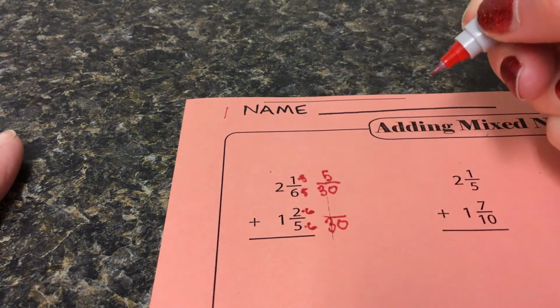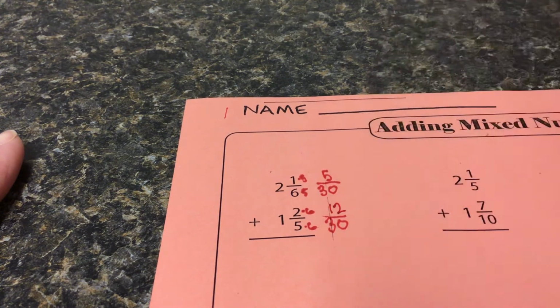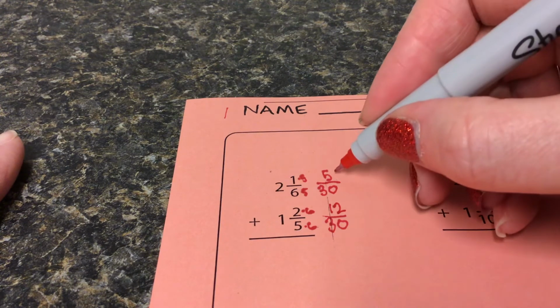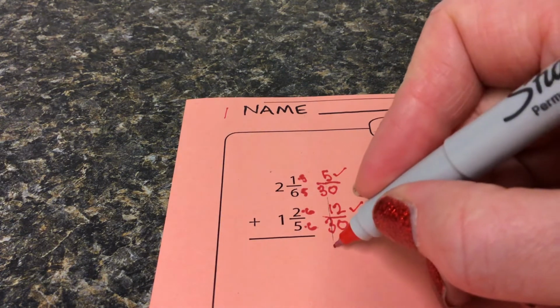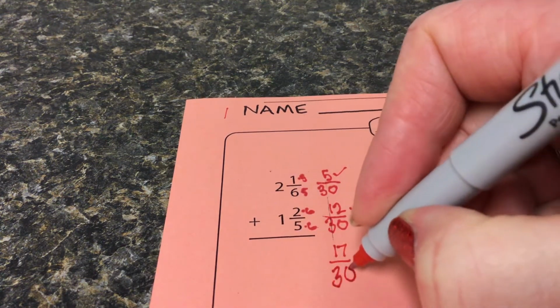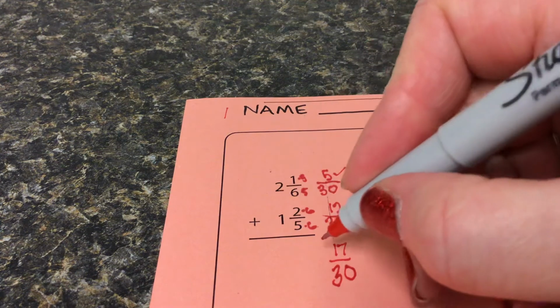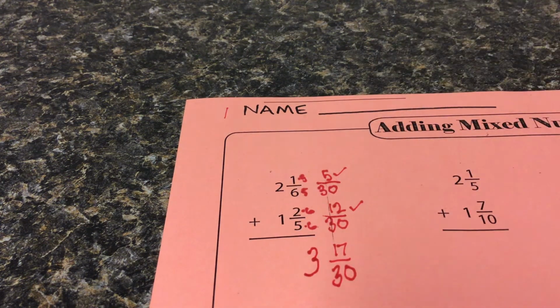So you do 2 times 6 will give you a 12. When you add, then you add the numerators together. So it would be 17 thirtieths, and you add your whole numbers together. So the answer for this one would be 3 and 17 thirtieths.